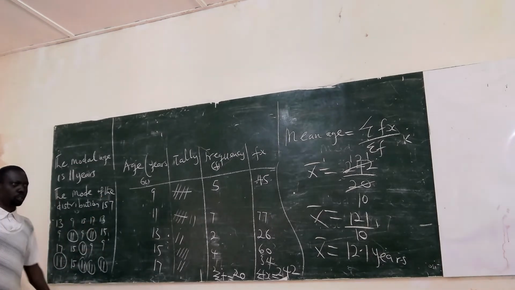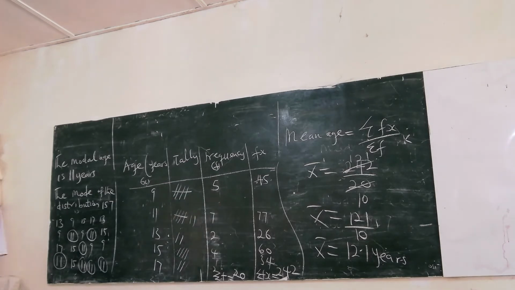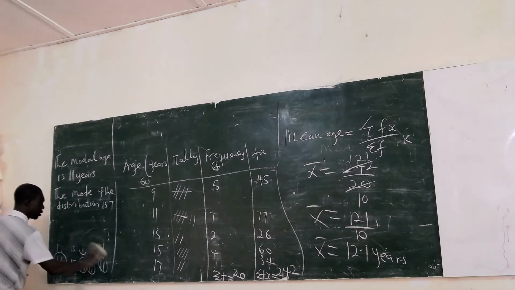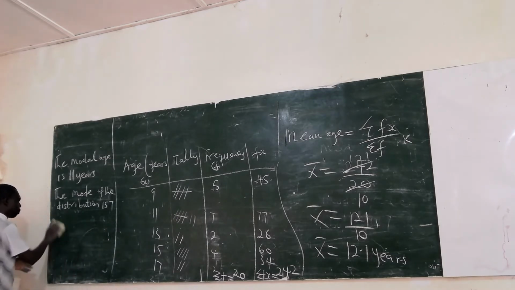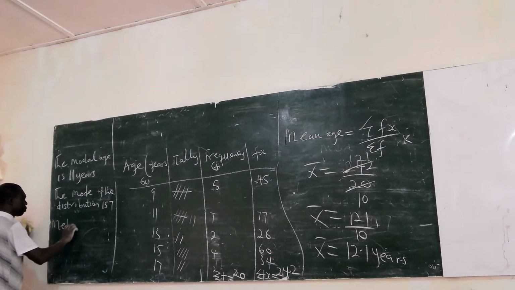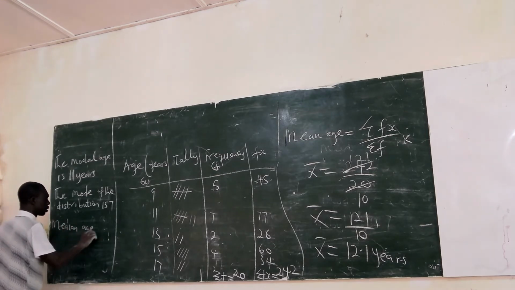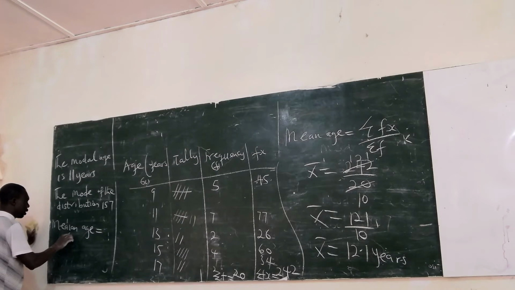Now the question will ask you to find the median age. What's the median age? It simply means you divide the total frequency by 2, right? So we write a formula for finding median age. The formula is sigma f divided by 2.